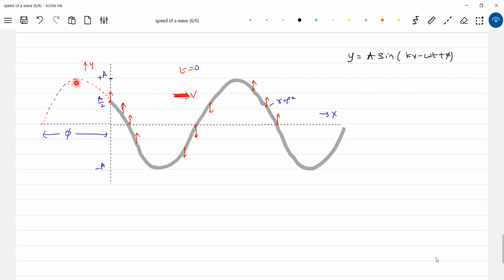Then there should be something more than pi by 2, at least. So this phase will be 90, and whatever phase angle we calculate should be more than 90.